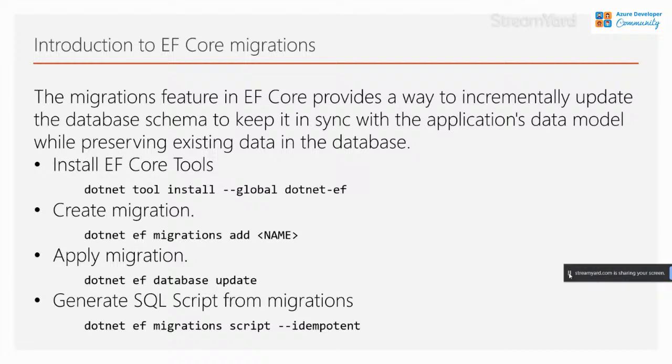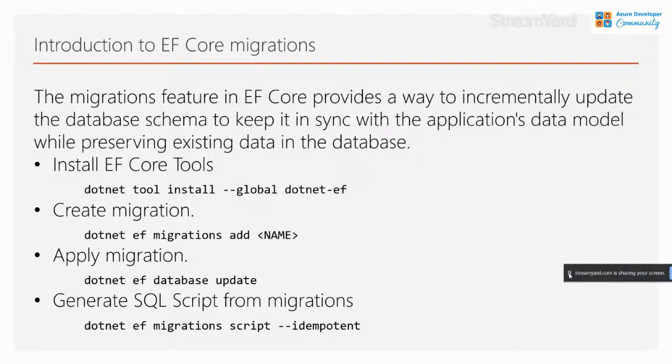The idempotent flag helps you make sure that the script you are generating is compatible with all the databases, whether you have applied an earlier migration or a different migration.